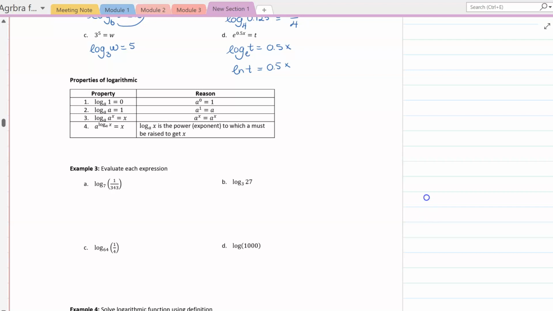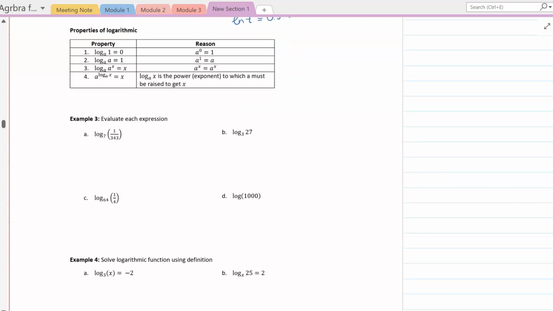Evaluate each expression. To evaluate this, I let it equal y. So I can rewrite this as 7 to the y is equal to 1 over 343. So to what exponent must I raise 7 in order to get 1 over 343? Note that here we have a fraction, so the exponent y is going to be negative.